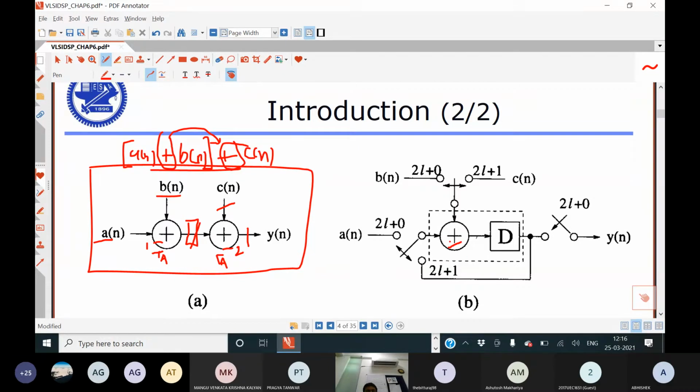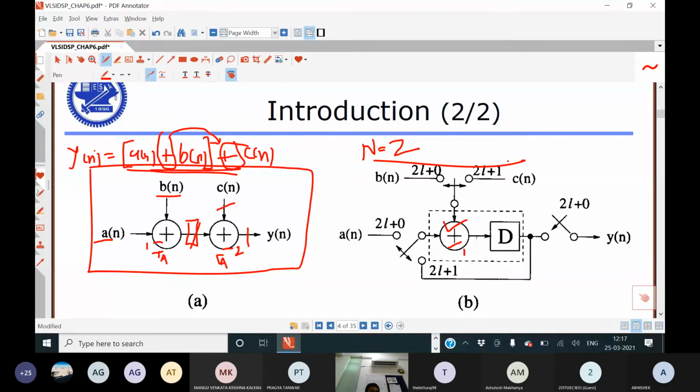But in order to generate this YN, I need to do the addition two number of times, AN plus BN and then the addition with CN. That means this particular adder has to be utilized two number of times so that we get the functionality of YN. That's why we use a folding factor N of 2.